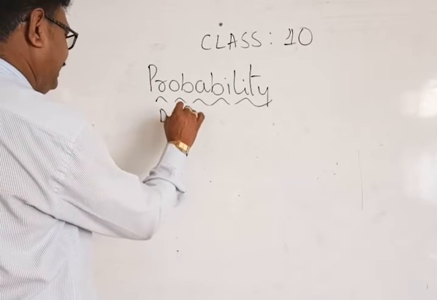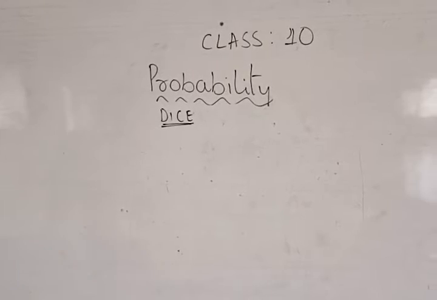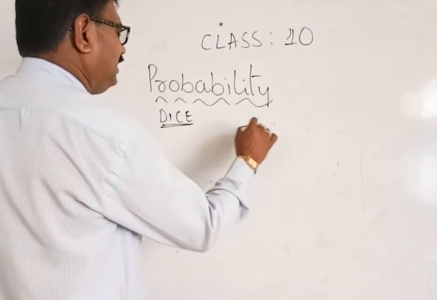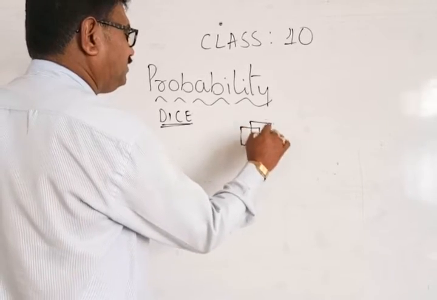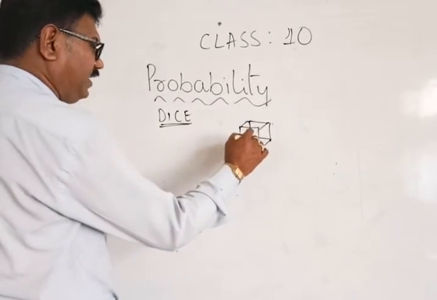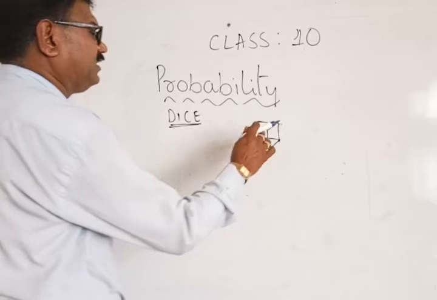Dice, D-I-C-E. Do you know what dice means? Dice means it has 6 faces, like a cube only it is. Okay? We will play snake and ladder, we will play Chinese checker, like that.